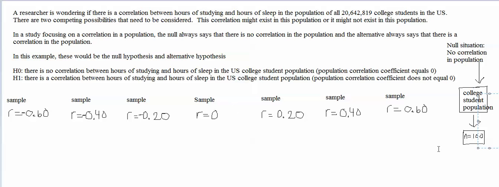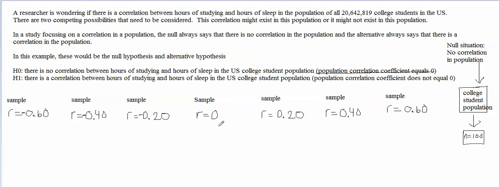Well, if the population correlation coefficient really does equal 0, meaning there is no correlation in the population, then you expect a sample correlation near 0.